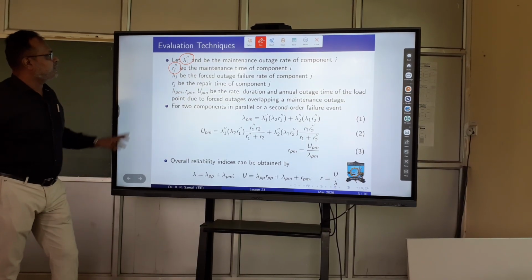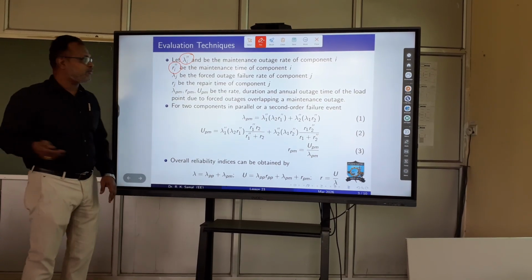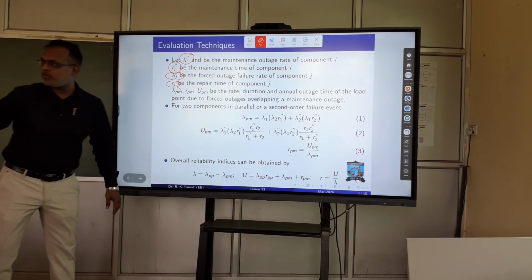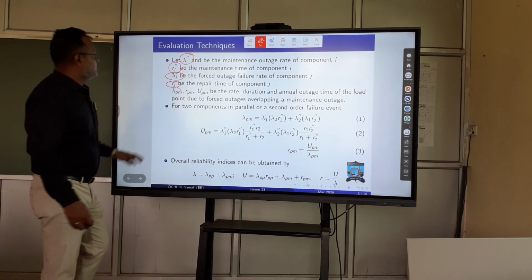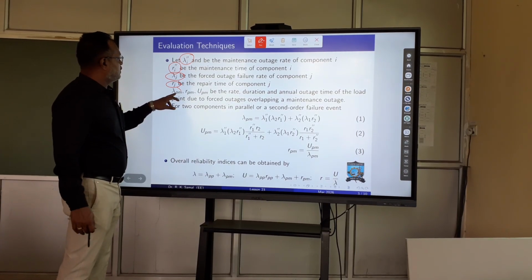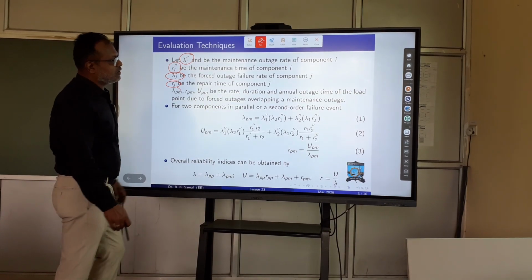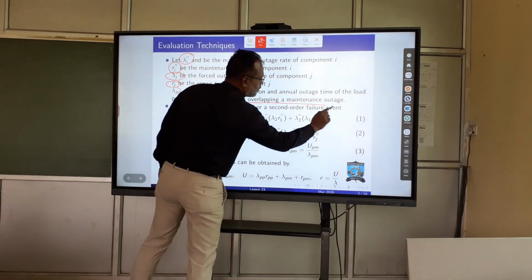Lambda j is the post outage. Here i is the scheduled maintenance event, whereas j is the event which follows the scheduled maintenance. Lambda pm, rpm and qpm are the rate, duration and annual outage time of the load point due to overlapping forced outages.